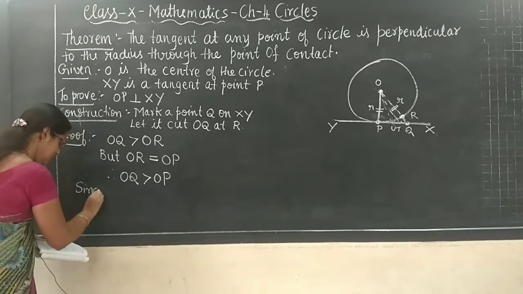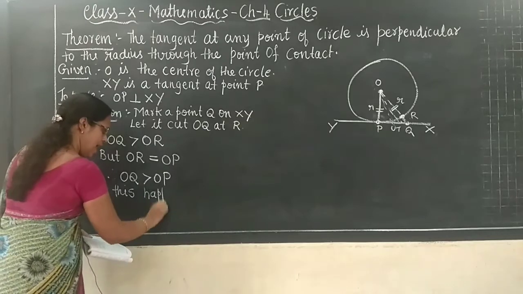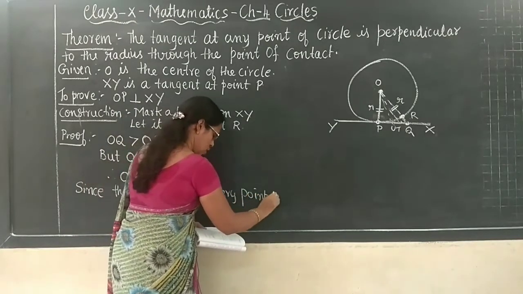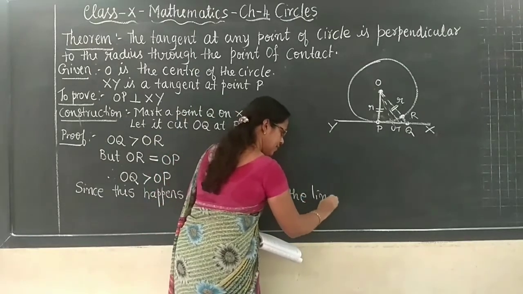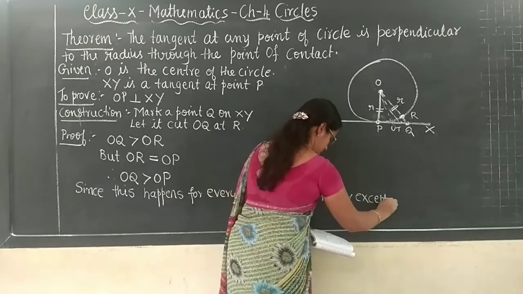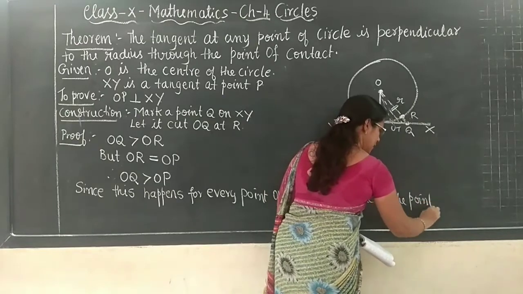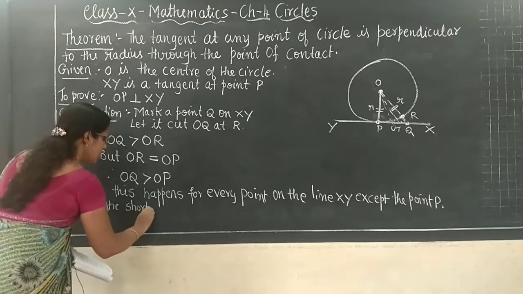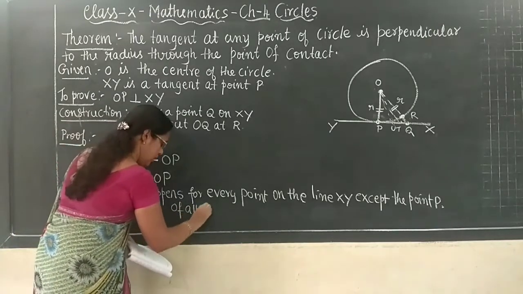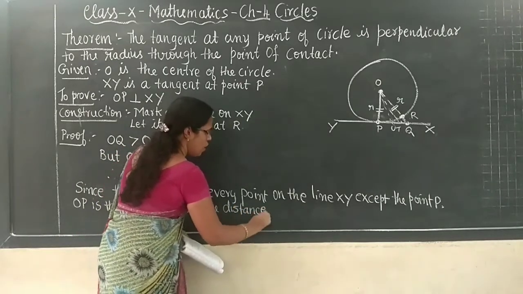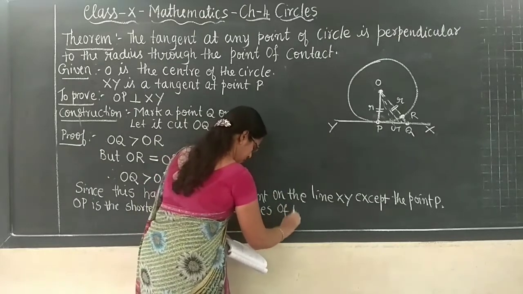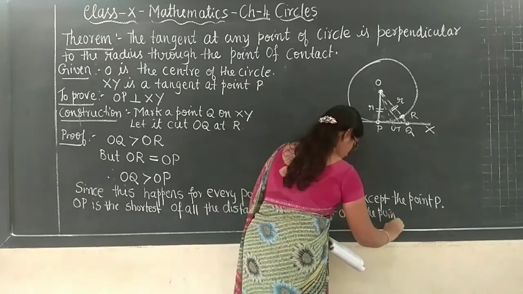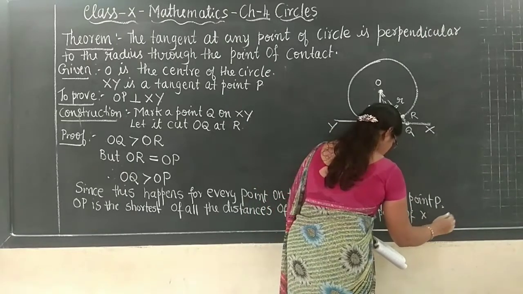Now since this happens for every point on the line XY except the point P, OP is the shortest of all the distances from the point O to the points of XY.